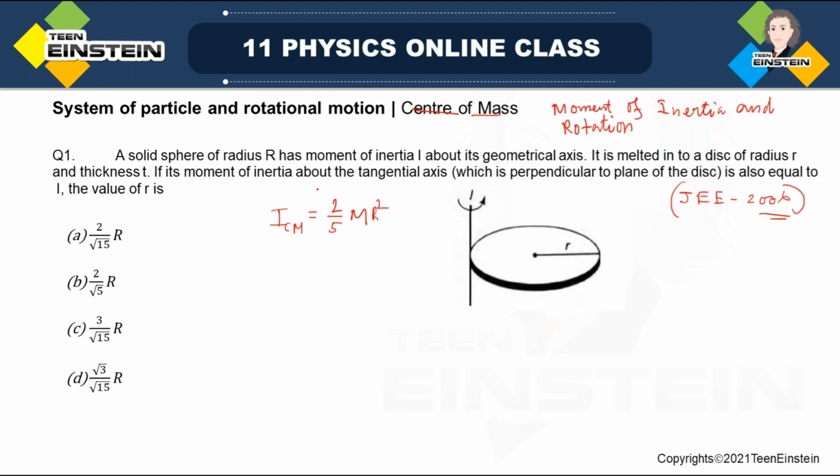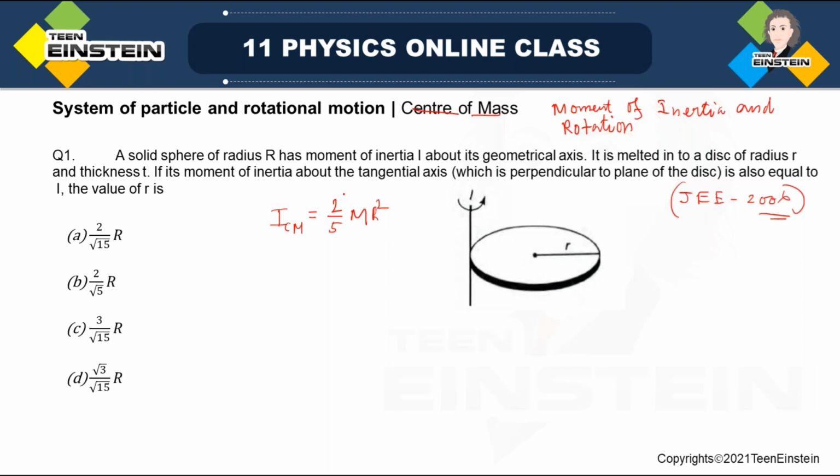Sometimes we need to remember some results, like moment of inertia of various geometries like thin sheets, thin disk, ring, about various axes. At least about the center of mass we should know. Then the rest of the things can be found out by using the parallel axis theorem or perpendicular axis theorem.